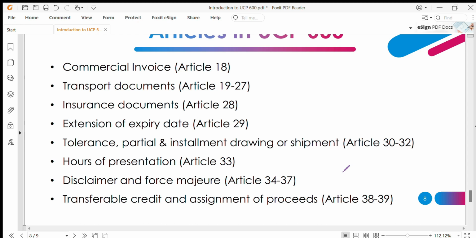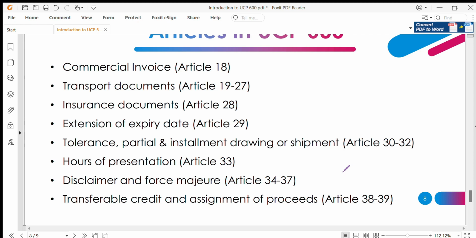Finally, Articles 38 to 39 talk about transferable credit and assignment of proceeds under documentary credit. Transferable credit specifically talks about a transferable documentary credit, which is required when you open a back-to-back LC. In that situation, what values are allowed to be increased and what values are allowed to be decreased are all dealt with in Article 38.